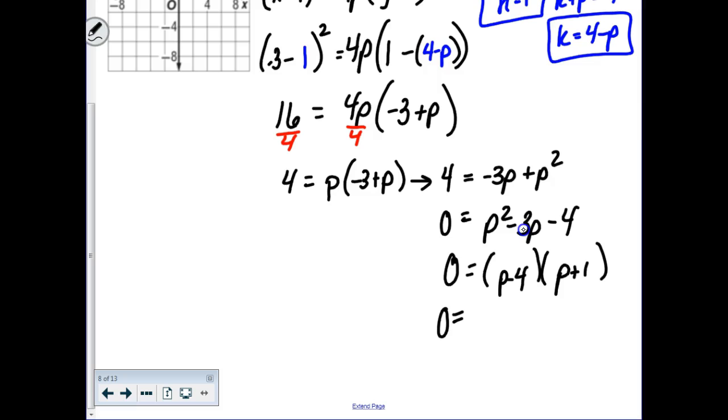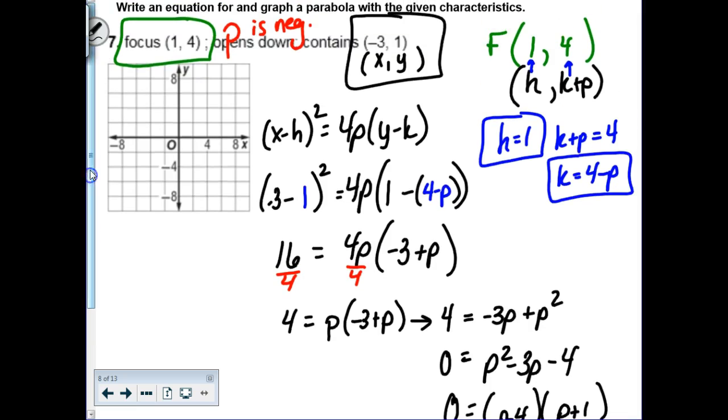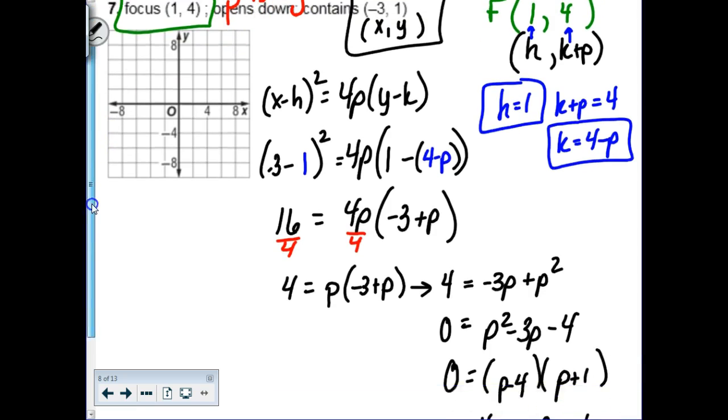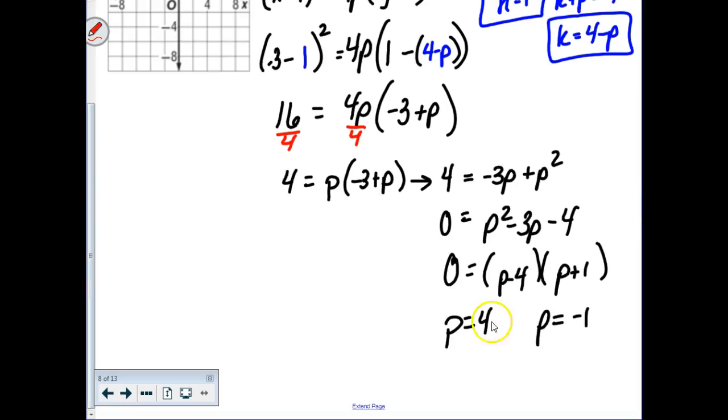However, just like in the last question, you are going to have one answer that you need to throw out. Do we have a p-value of 4 or a p-value of -1 for this one? P has to be negative according to our little note up there. So p equals 4 is no good. P must be -1.